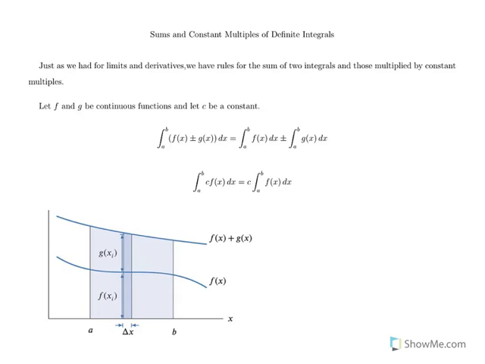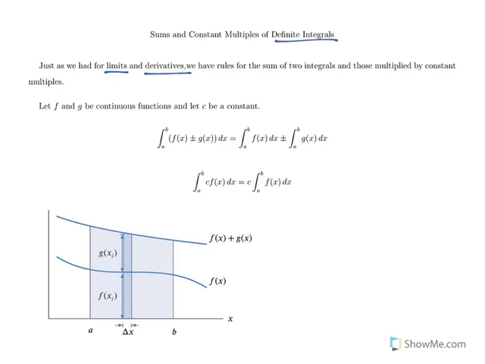Next, let's look at what happens if we change the function itself. The bounds are going to stay the same now, but what happens if we add two functions, or subtract two functions, or multiply by a constant? Note that these rules are going to be very similar to rules that we had for limits and derivatives. The reason is that derivatives are limits, and now we know that integrals are limits.